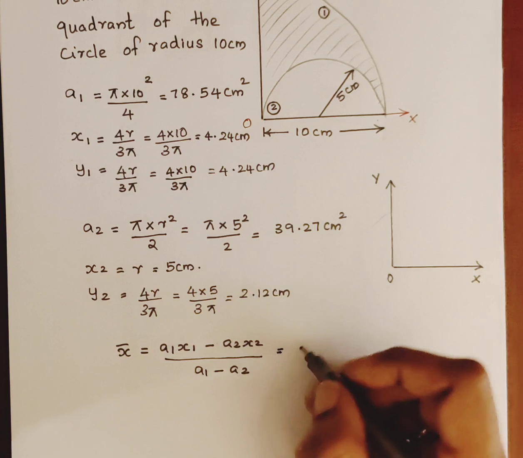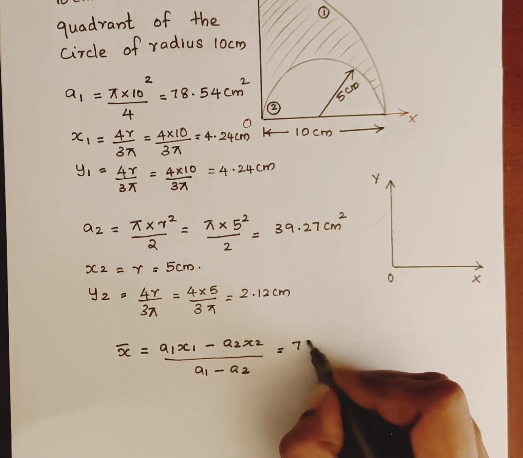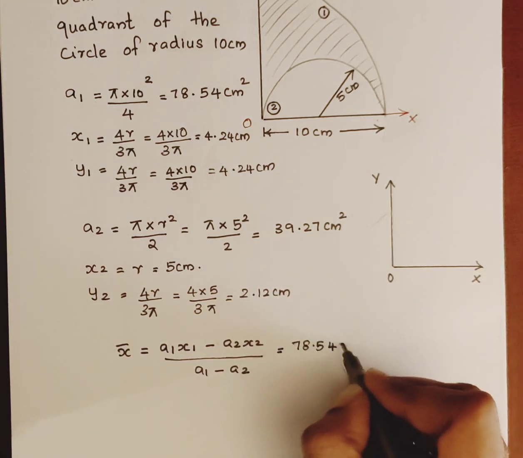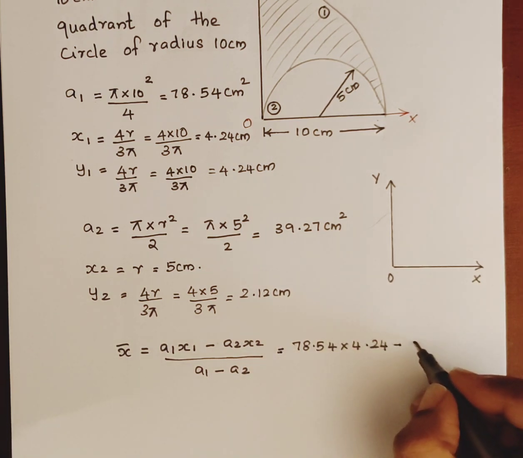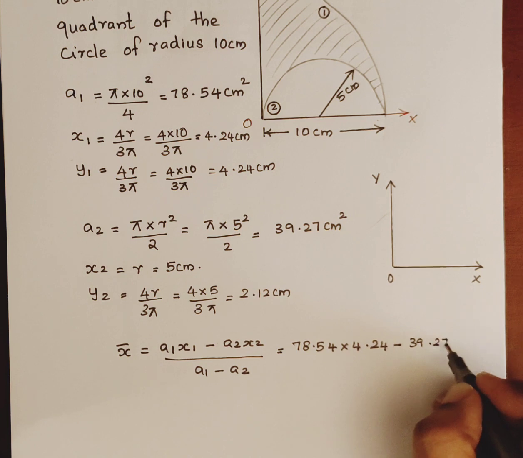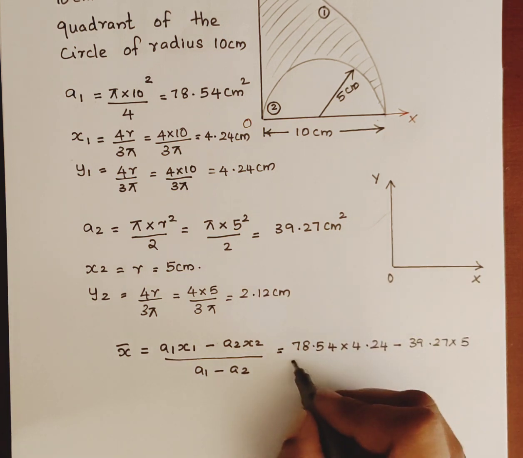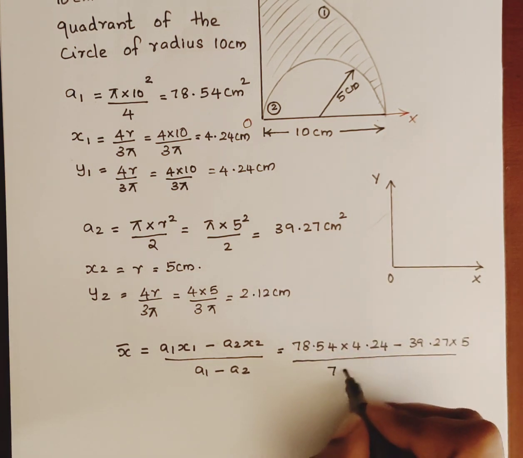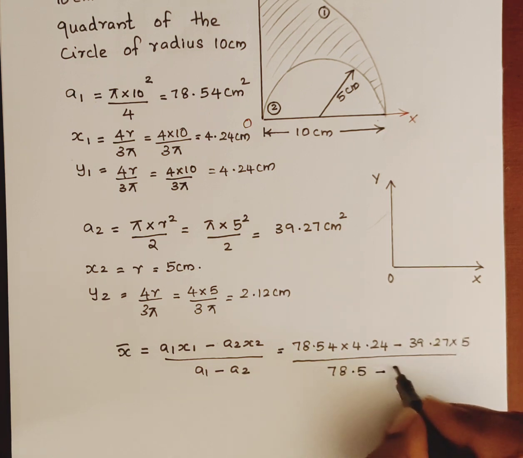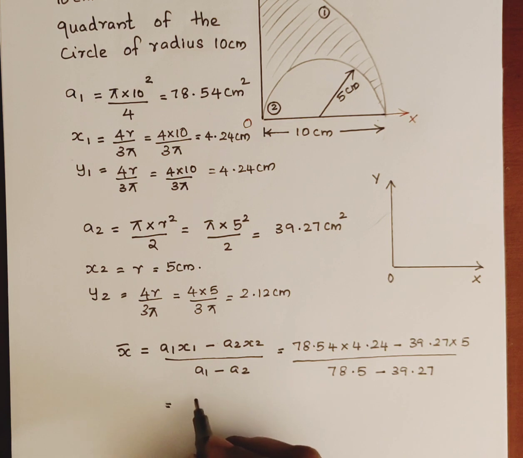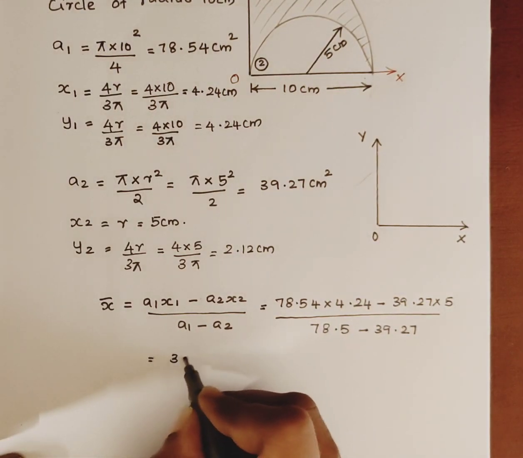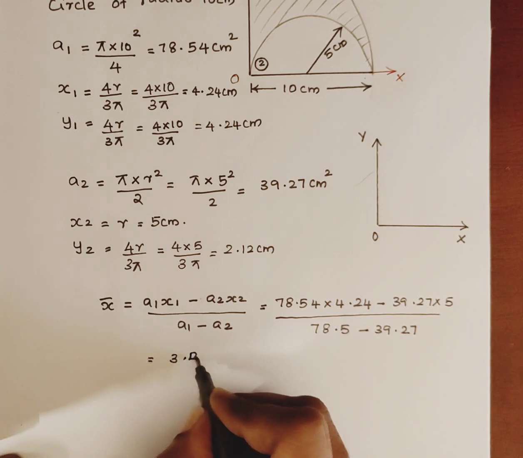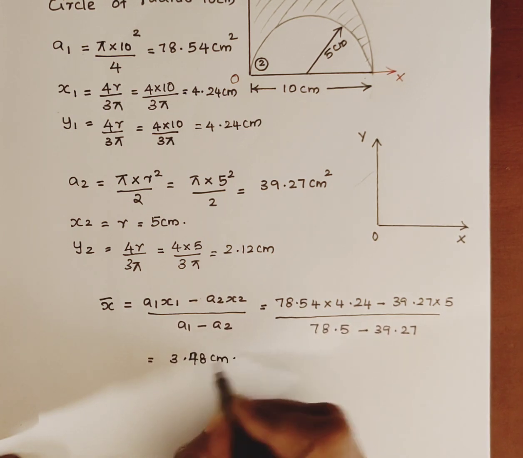So you have to substitute all the values. 78.54 into 4.24 minus 39.27 into 5, divided by 78.54 minus 39.27. So that is equal to 3.48 centimeter.